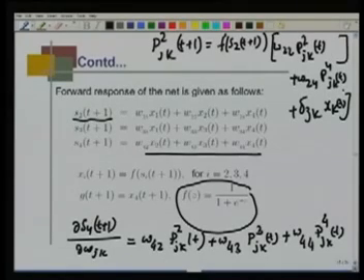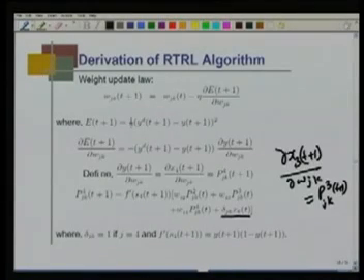Okay. So, this is your PJK2 t plus 1 in terms of the other gradient information at t. So, similarly we can find out the gradient information recursive relation for PJK3, PJK4 like that.